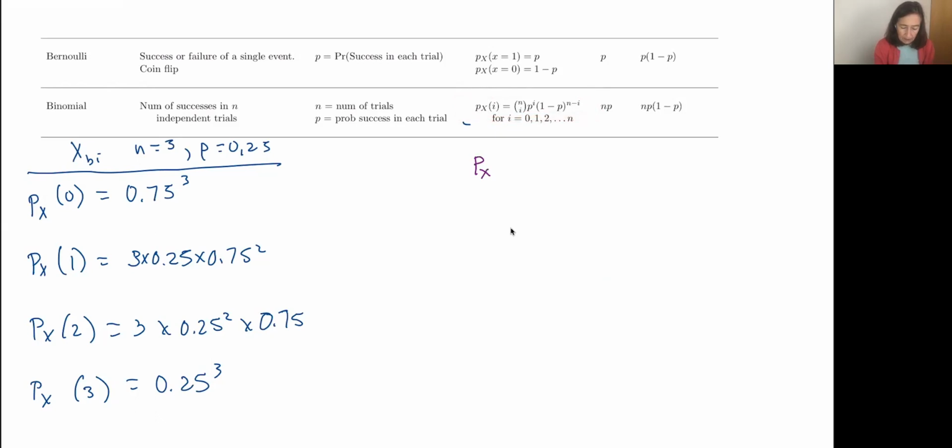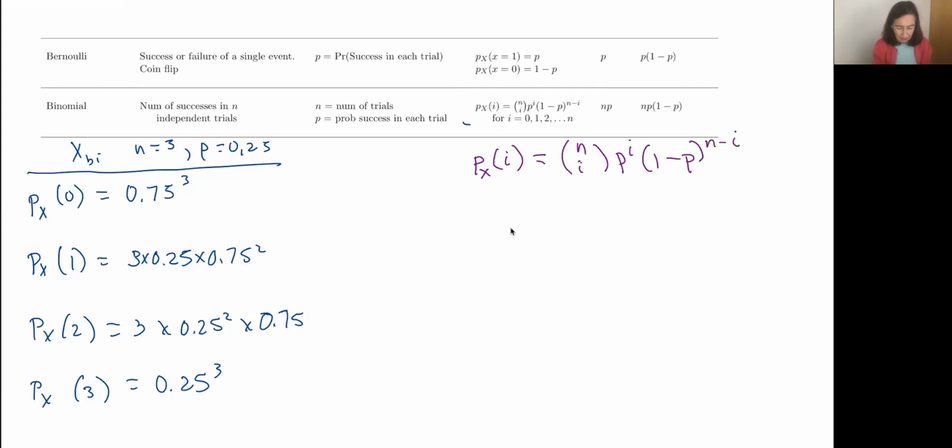The probability that X takes value i. So i here is the set of values that the random variable can take. It's the argument of the function. So it's like you're telling me how many successes you want, and the function is giving me the probability of that number of successes. And the assertion is that that is n choose i times p to the ith power times 1 minus p to the n minus ith power.